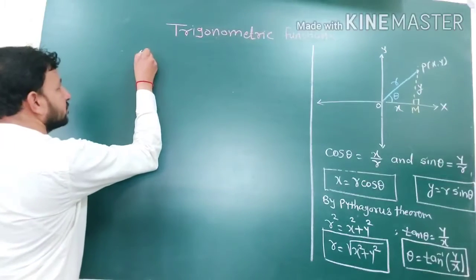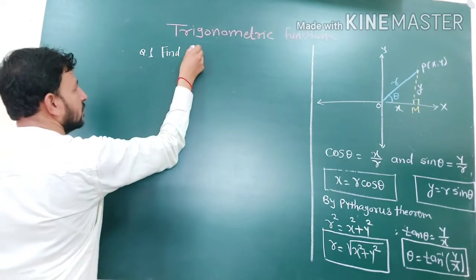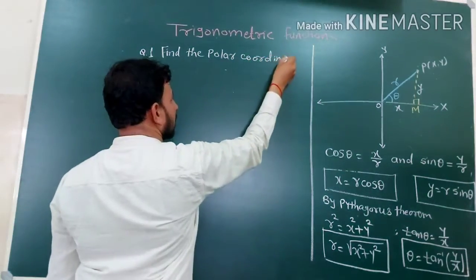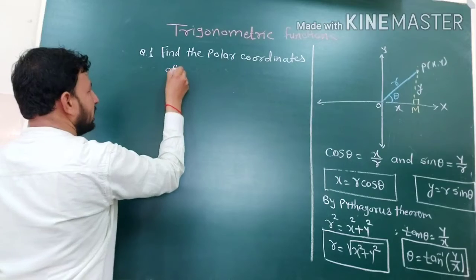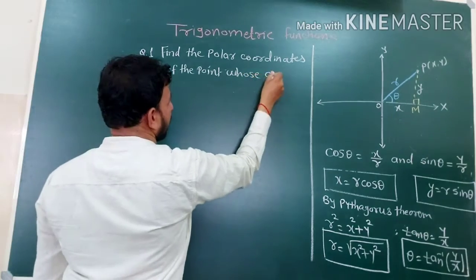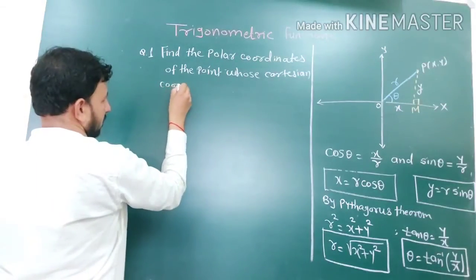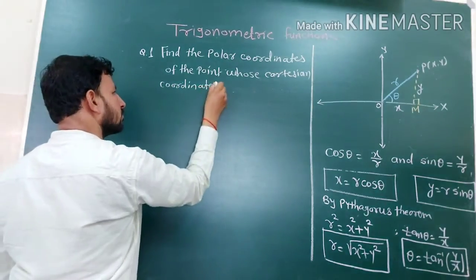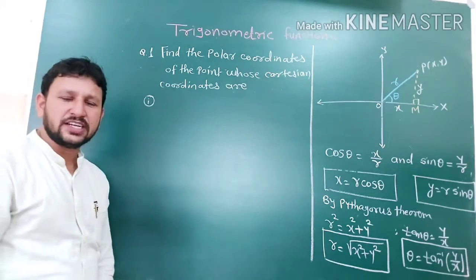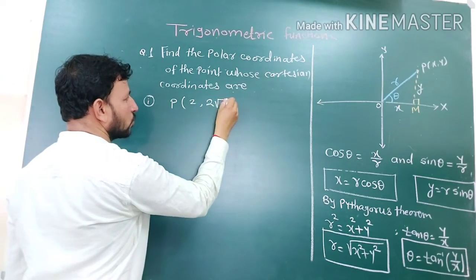Example number 1, first question. Find the polar coordinates of the point whose Cartesian coordinates are, first example, given as the point P (2, 2 root 3).